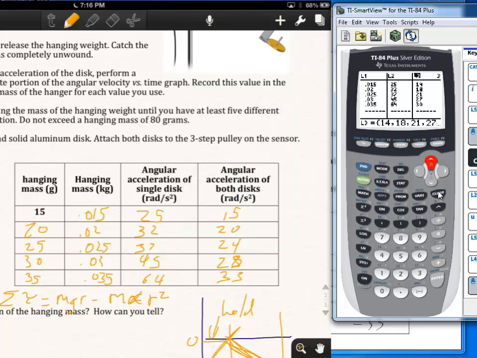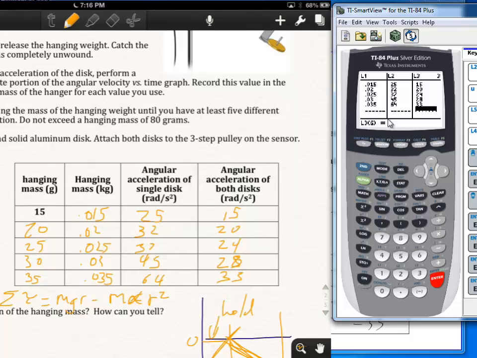Again, clear whatever information is in there and enter. You know what I'm doing: 15, 20, 24, 28, 33. Your values might not be exactly these values. I took the class and averaged it real quick. Yours should be close, but it won't be that big of a deal if they're a little bit different.